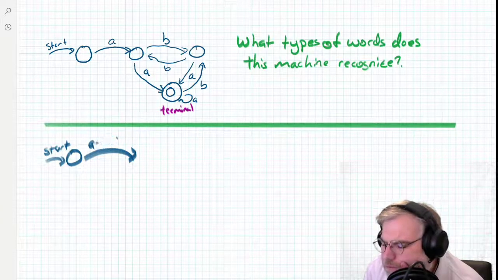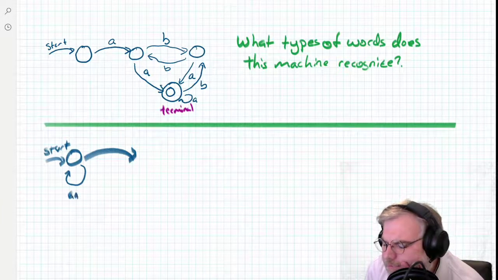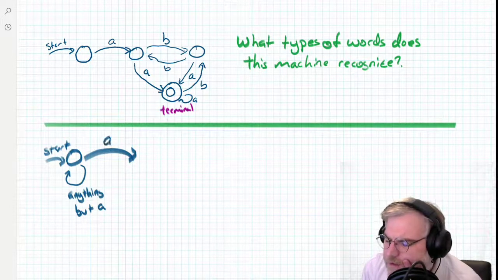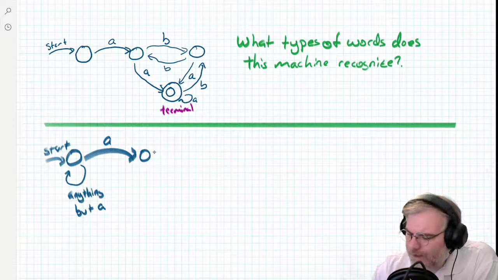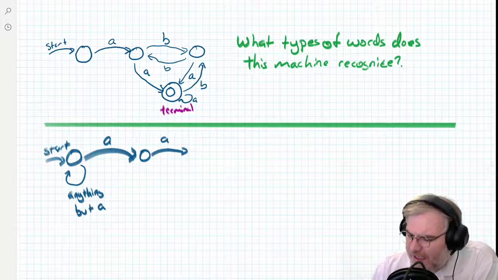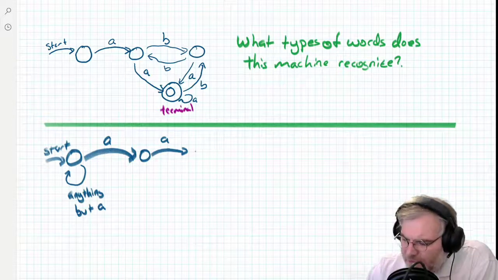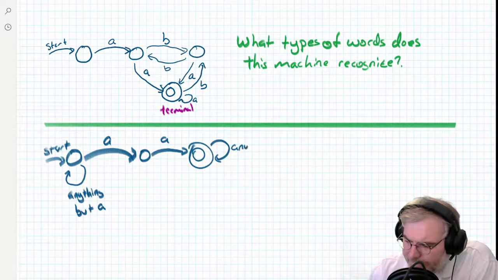Anything's going to go here. So we're going to have a loop that takes anything but A. And this thing here is going to be A. And then we've got another one that has A again. And then we have our terminal state. And our terminal state says anything.